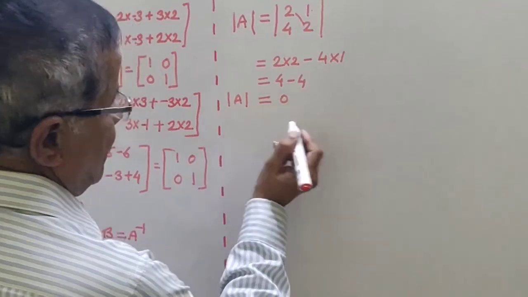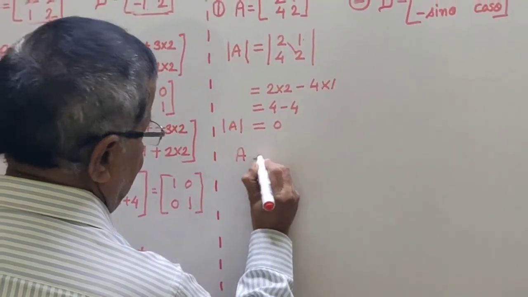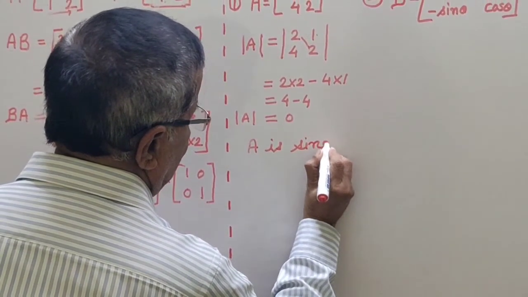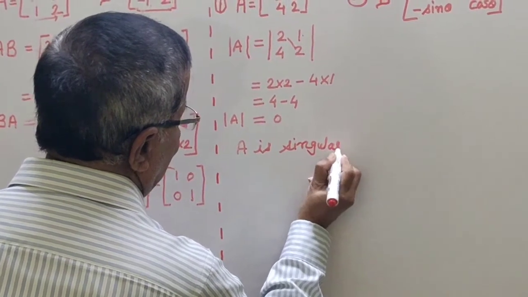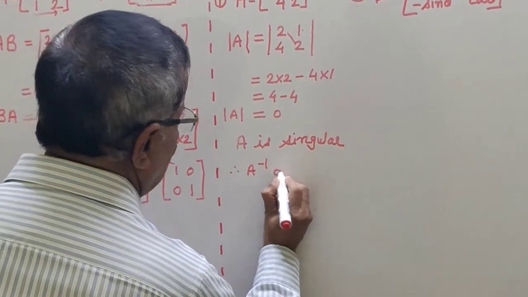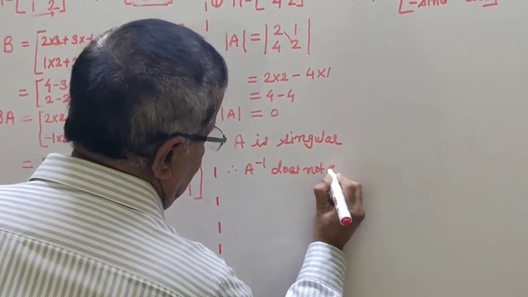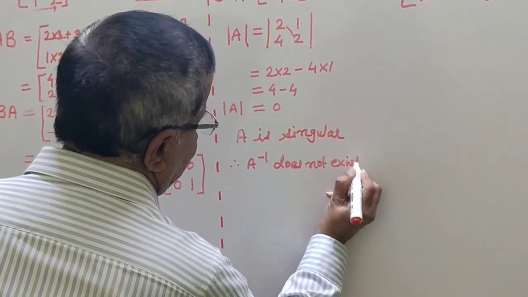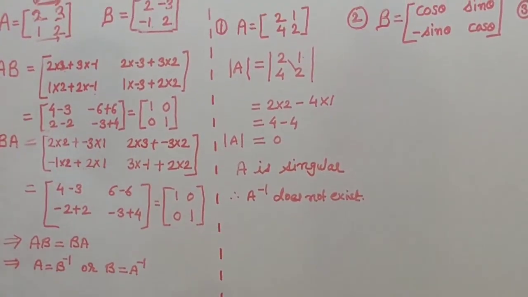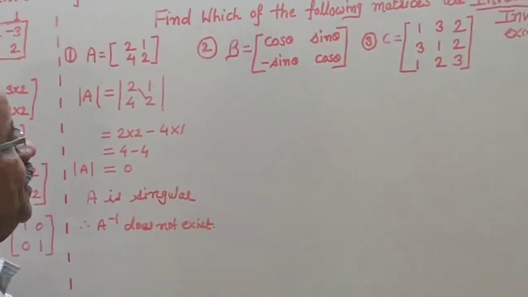Therefore A is singular, therefore A inverse does not exist. If zero comes, does the inverse exist? No, it does not. Therefore you have to find the determinant of the given matrices first.